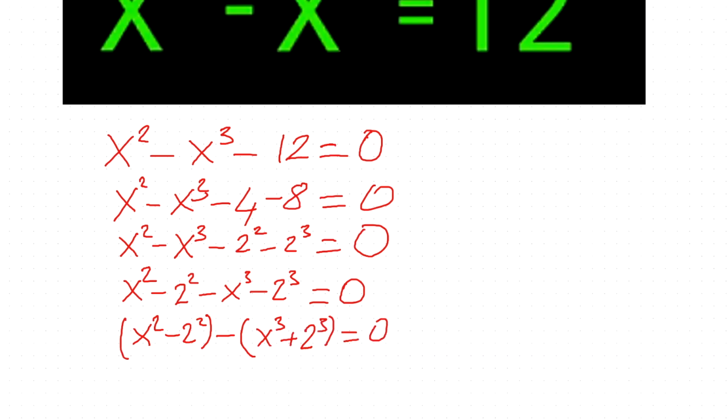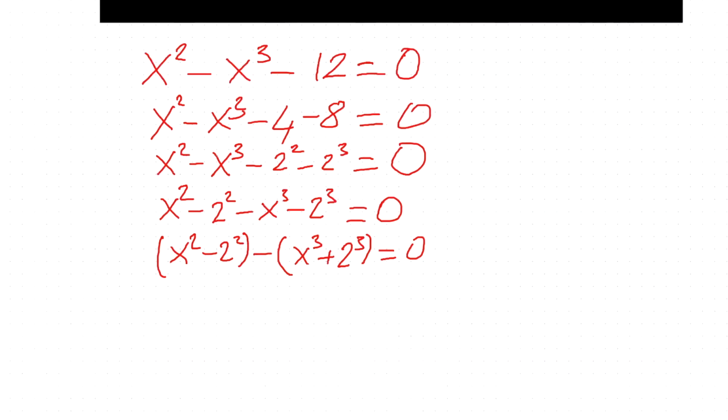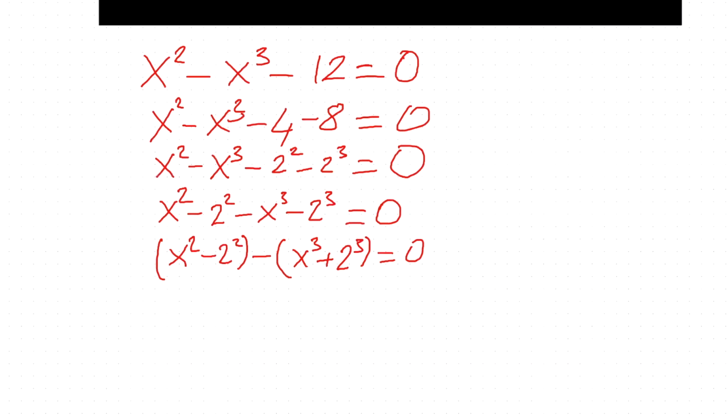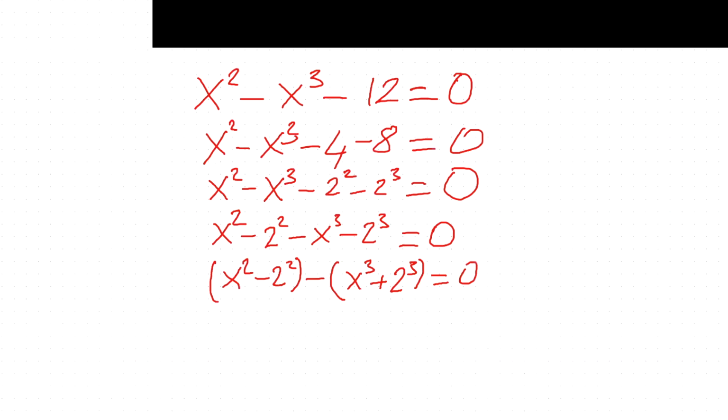On the left side, what do we have? We have a difference of two squares. The formula for the difference of two squares is a squared minus b squared is equal to a plus b times a minus b.